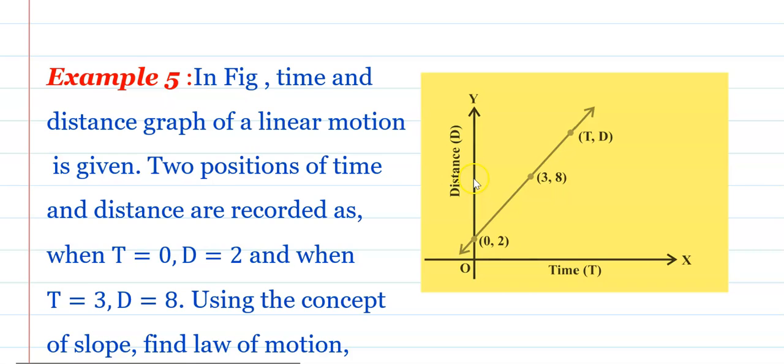Now the next example. In this figure, the time and distance graph of a linear motion is given.